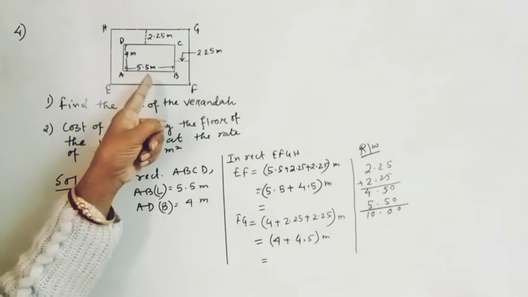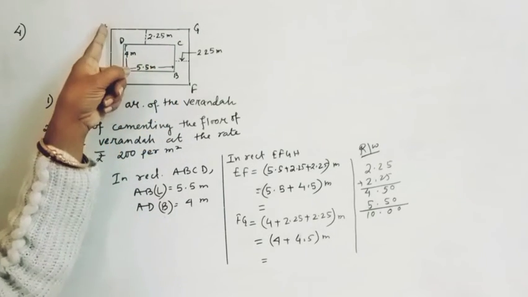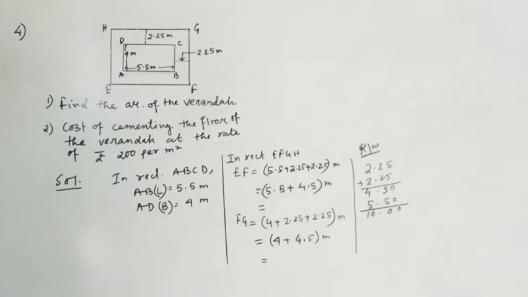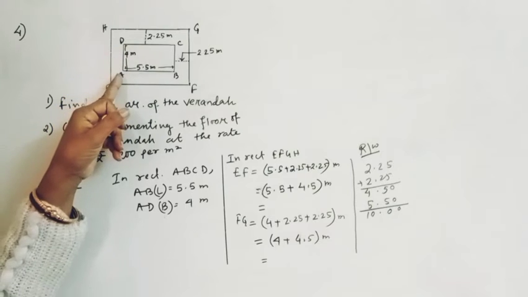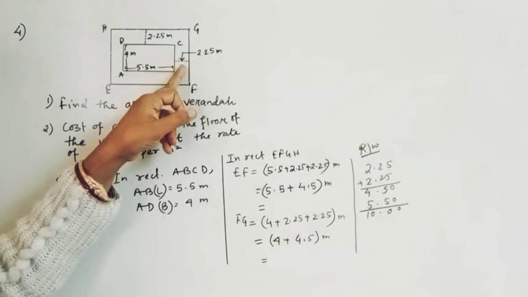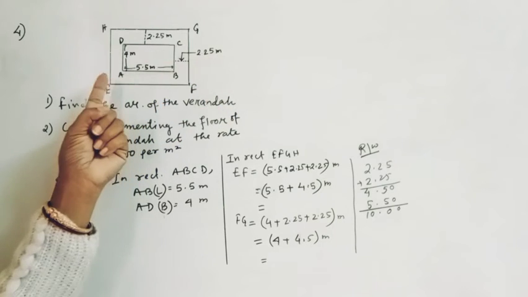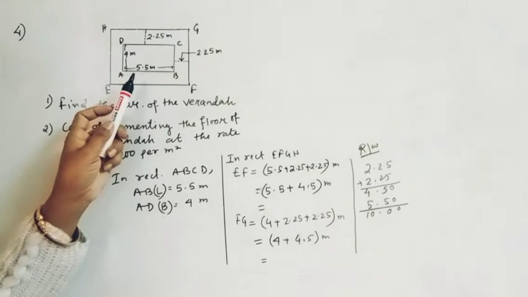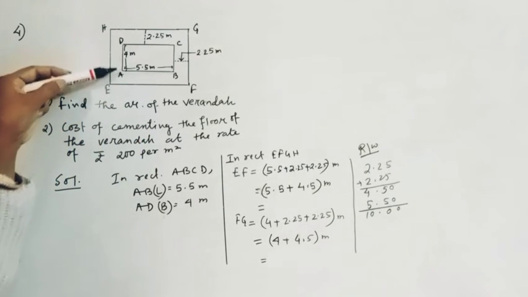So according to the question, I have made a rough diagram where ABCD is the room and EFGH I have given as the name of the outside rectangle, the room with veranda. The width of the veranda is given as 2.25 meter, the length of the room is 5.5 meter and the breadth is 4 meter.